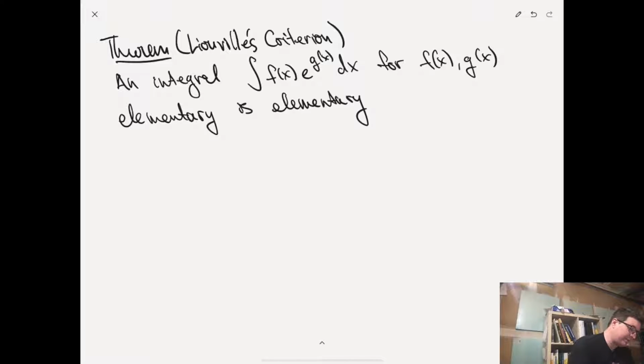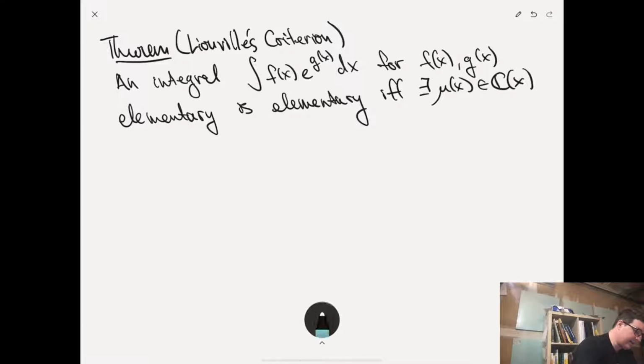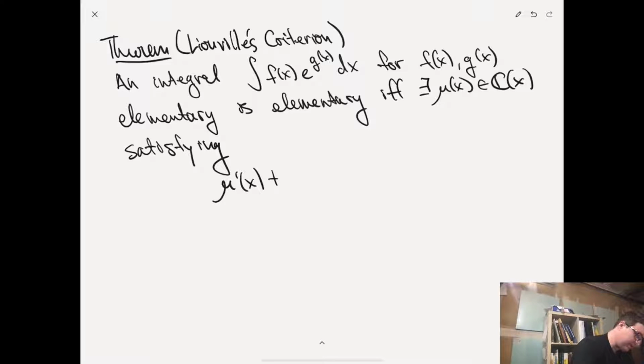So this integral is elementary if and only if there exists some rational function mu, a quotient of two polynomials, satisfying a particular differential equation. Here's the differential equation: mu prime of x plus mu of x g prime of x is equal to f of x.